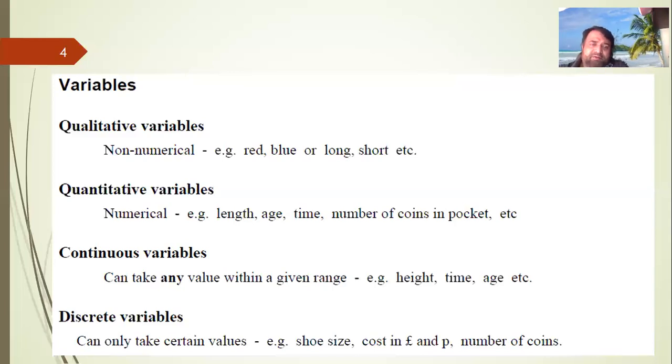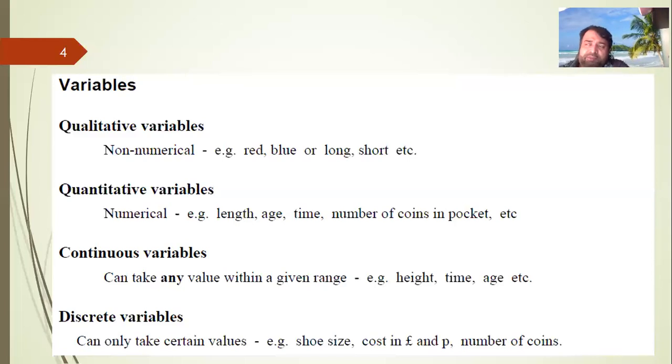But discrete data is numerical data too, but it cannot be any value in a certain range. So shoe size. If I go to a shop to buy shoes and I ask for a shoe of size 10, they may give it to us. But if I say size 10.5, they may not be able to give us the shoe, because the shoe company makes shoes of certain sizes.